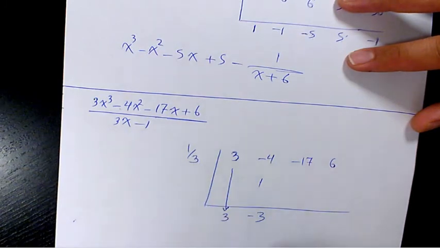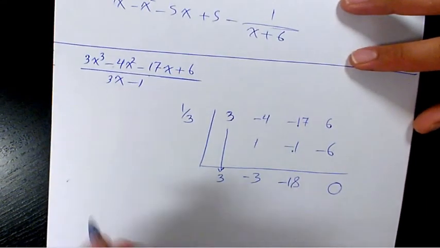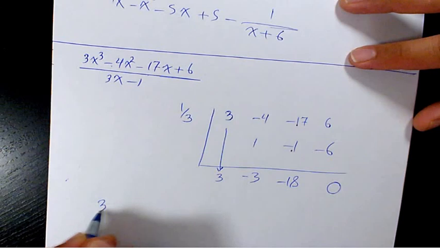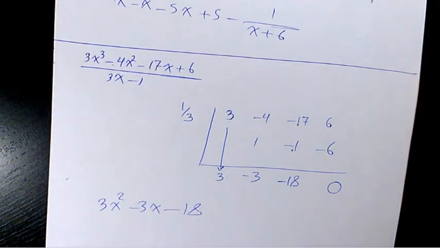Negative 3 times 1 over 3 is negative 1. Negative 1 and negative 17 is going to be negative 18. Negative 18 times 1 over 3 is going to be negative 6. Negative 6 and positive 6 is going to be 0. So the remainder is 0. The answer will be 3x squared minus 3x minus 18. That's going to be the answer.